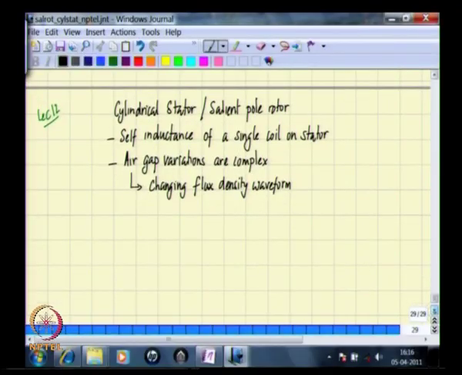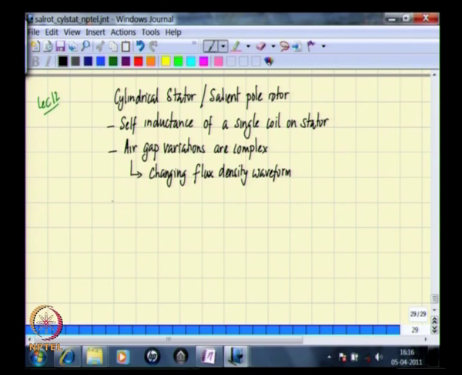In order to address this, what has been done is that we take recourse to what is called as two reaction theory proposed by Blondel several years back. Essentially, this attempts to solve this issue by this way.